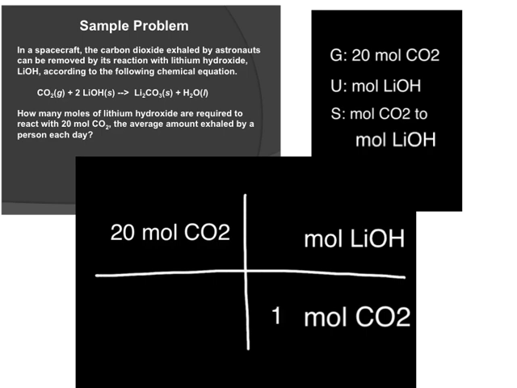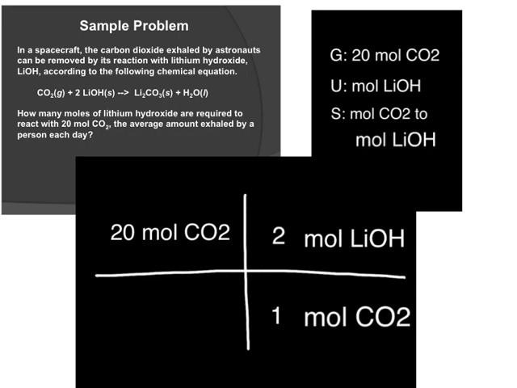Good, there's 1 CO2, so you put a 1 in front of moles of CO2, and then look at LiOH. How many LiOHs are in the equation? Good, there are 2 moles of LiOH. Now, that conversion factor, that 2 moles of LiOH for every 1 mole of CO2, comes from the balanced equation. Now, all we have to do is cancel units and then solve.